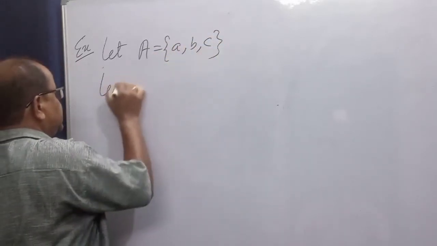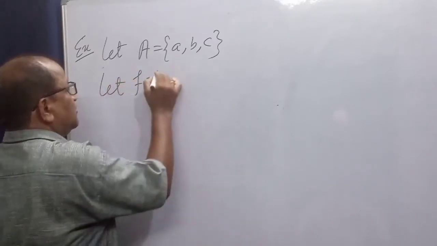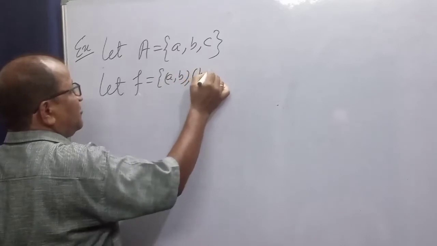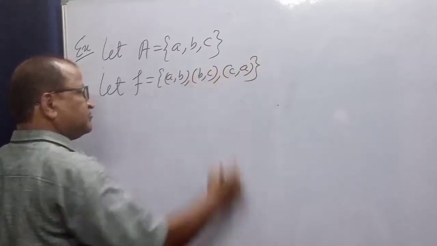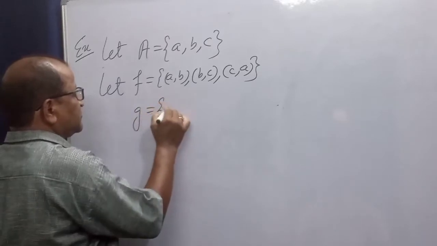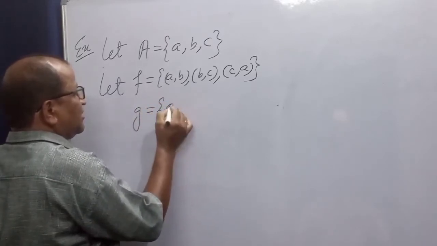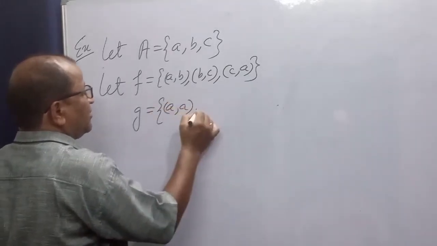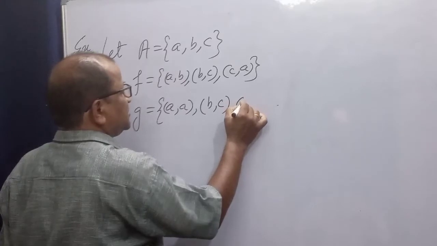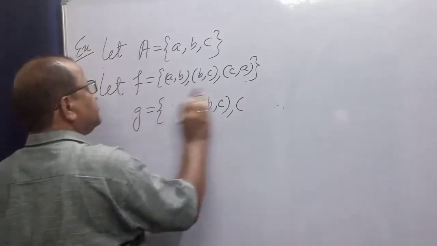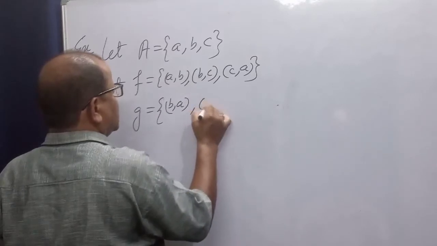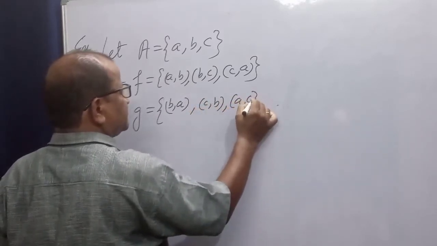Let f be a function which is defined like this: (a, b), (b, c), (c, a). g is a function: (a, c), (b, a), (c, b).